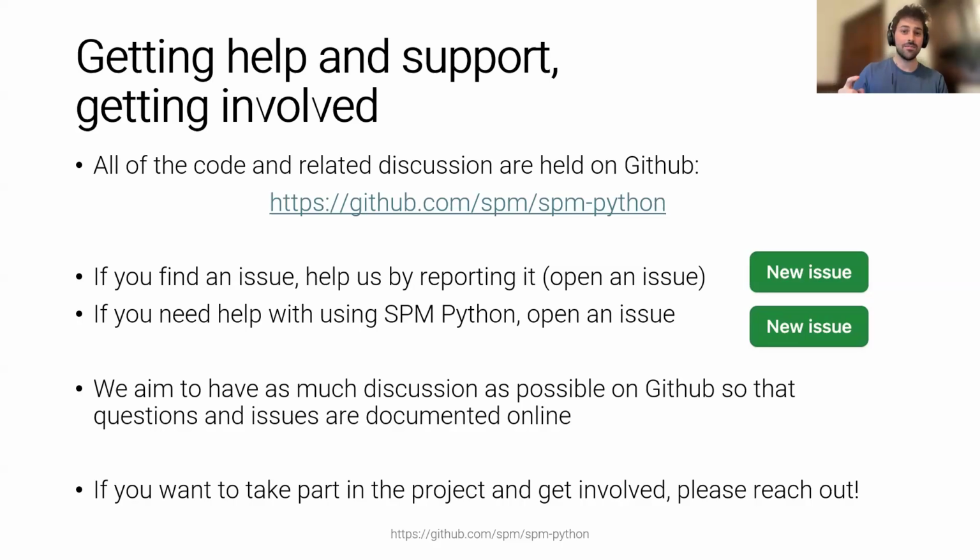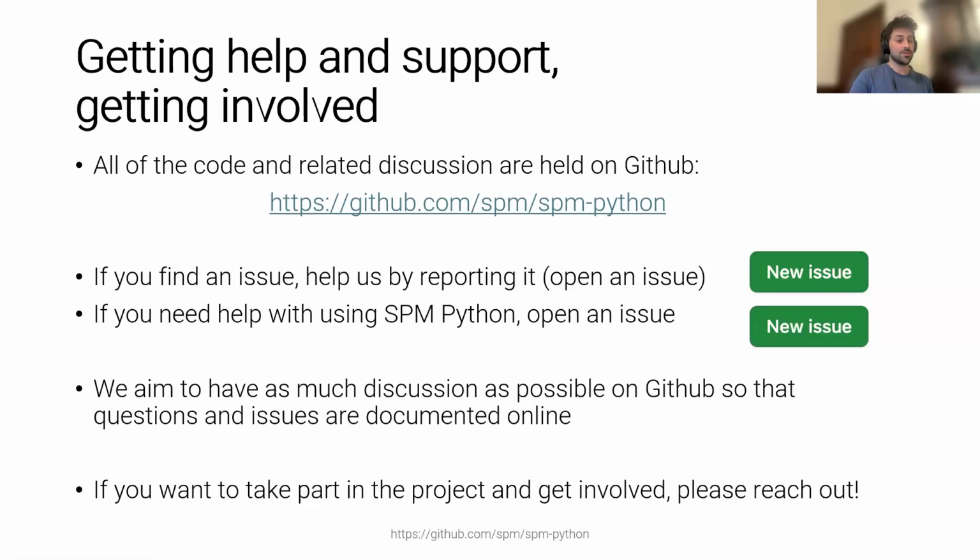And you can also refer people to similar questions. So that helps us create some kind of documentation of frequently asked questions. And we aim to have as much discussion as possible on GitHub so that questions and issues are documented online.